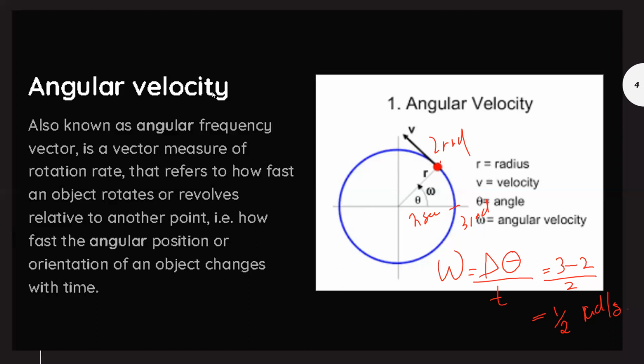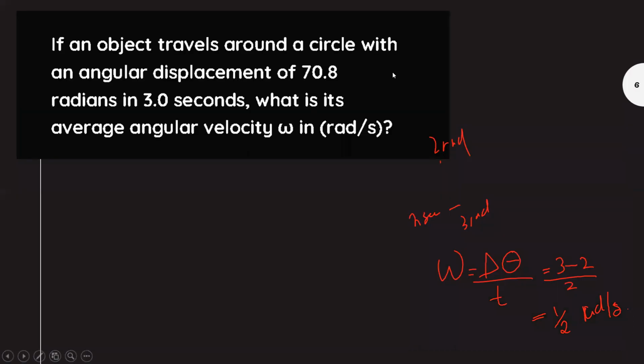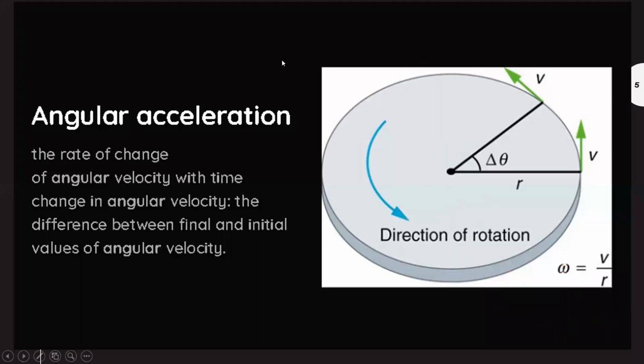Okay, thank you. Now we have an angular acceleration. For the angular acceleration, we name it alpha. For the linear, acceleration is a change in velocity over time. For the angular acceleration, we have a change in the angular velocity over the change of time, which is delta omega over t. Now there's a relation between the angular velocity and the linear velocity.